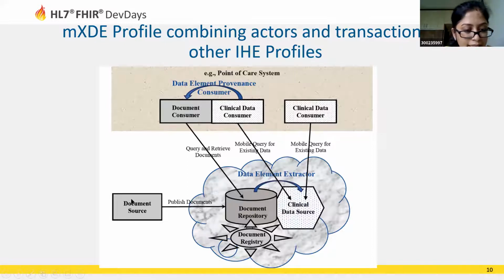The document source indicates how the CDA documents have come into the document repository and registry via the traditional routes, which could be HL7 or any other existing XDS-B transactions.